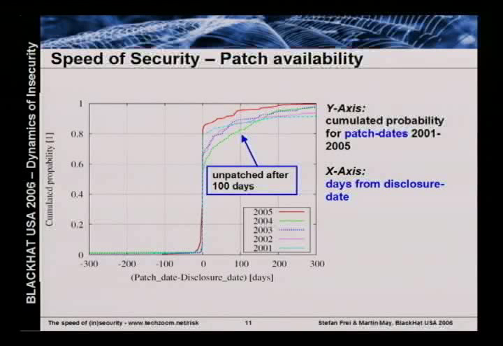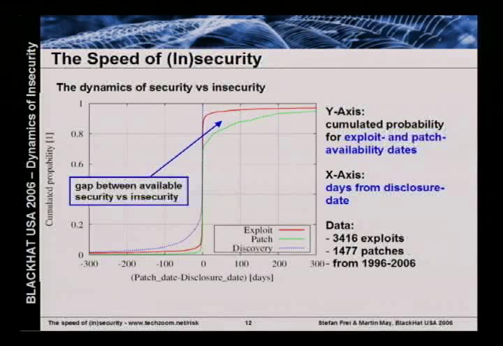So most interesting is now if we compare the speed of security and the speed of insecurity. We did it here for all the data we had for the last 5 years. So the red curve shows the speed of insecurity, the availability of exploits, and the green curve shows the speed of security, the availability of patches.